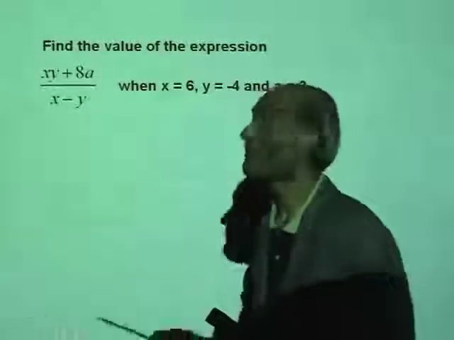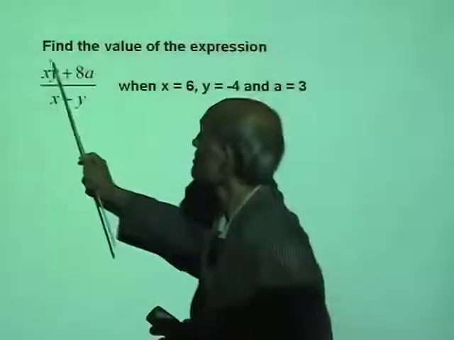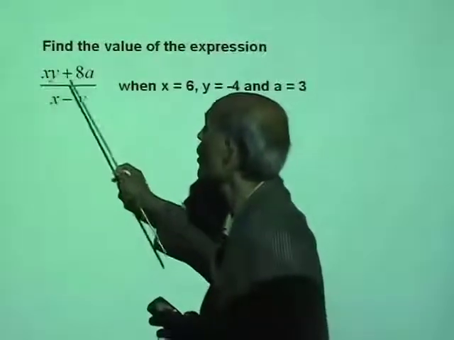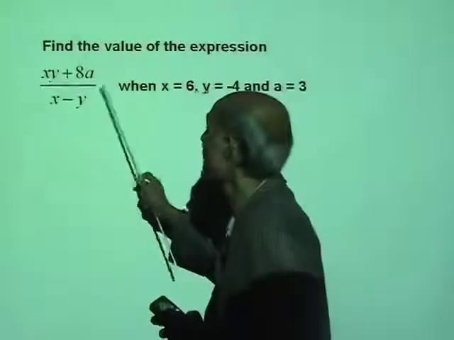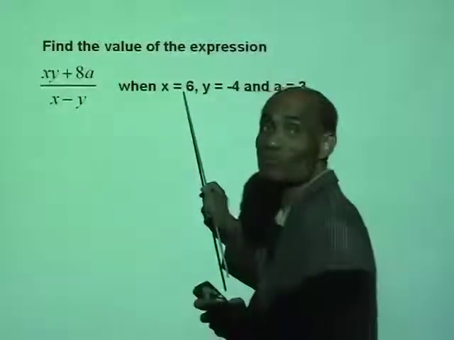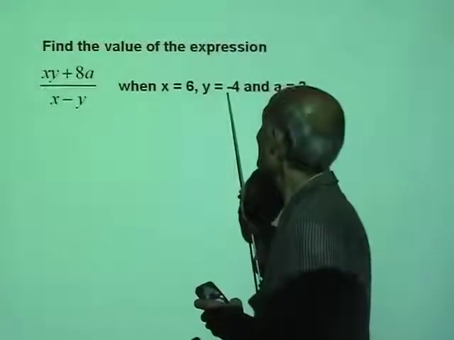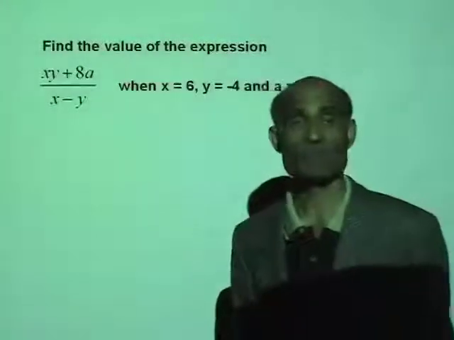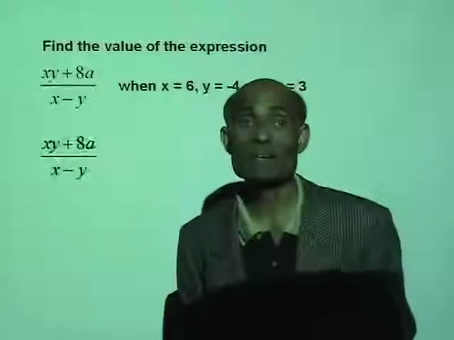Another one. Find the value of this expression xy plus 8a all over x minus y when x equals 6, y equals negative 4 and a equals 3. What do you do here again?